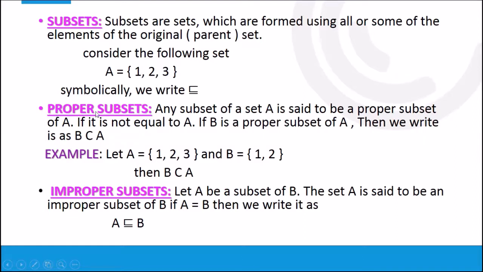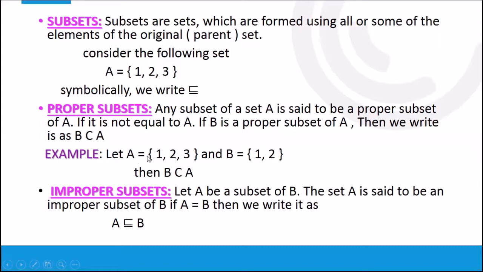Now come to the proper subsets. Any subset B of a set A is said to be a proper subset of A if it is not equal to A. Look again: if it is not equal to A, if B is a proper subset of A, then we write it as B is a proper subset of A. Look at the example.